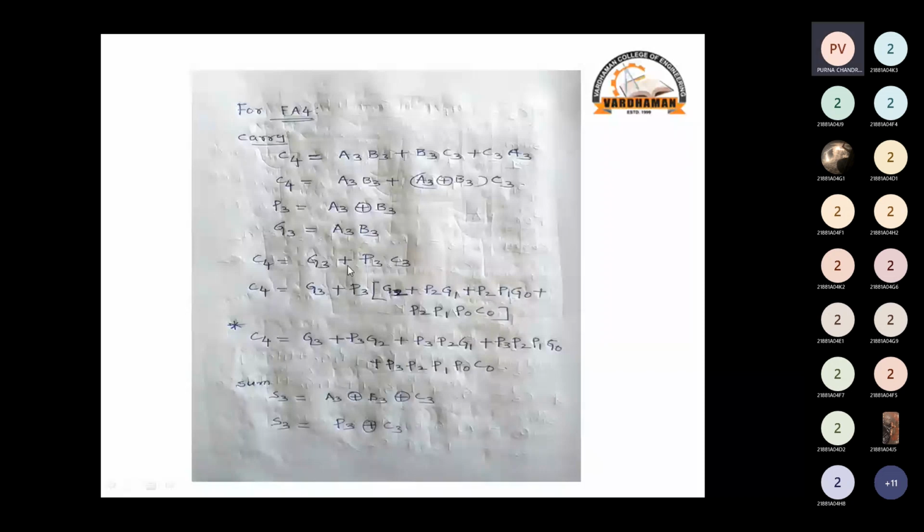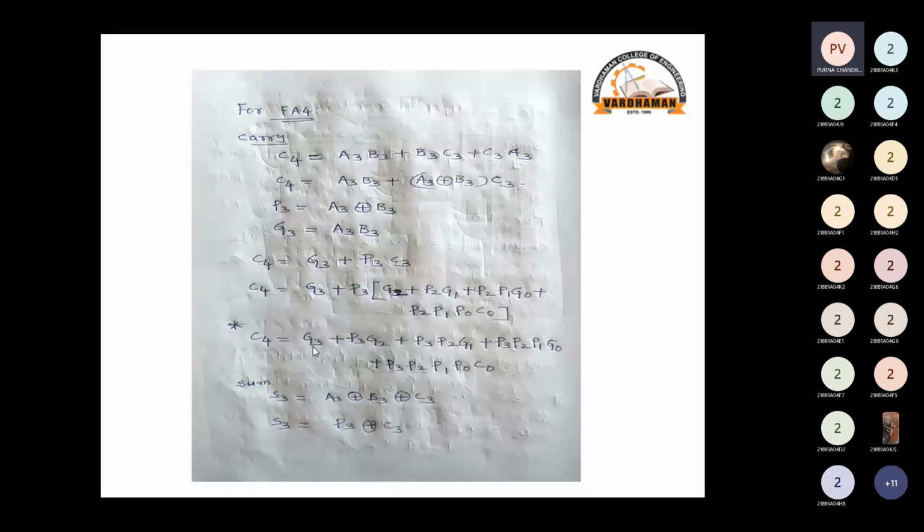Somehow we have to express C4 in terms of the known things. What are the known things here? G3, P3, G2, P2, G1, P1, G0, P0, and C0 is also known. In that way we can directly determine carries of all full adders initially itself.